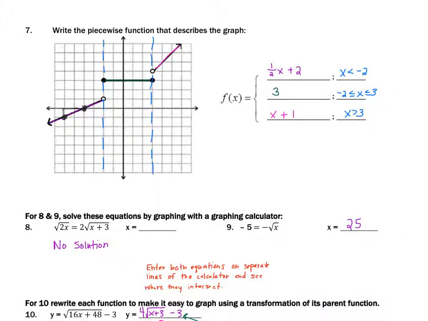With a compound inequality, we have the variable in the middle, and then the bound to the left, in this case -2 on the left side, and the bound to the right, in this case +3 on the right side.